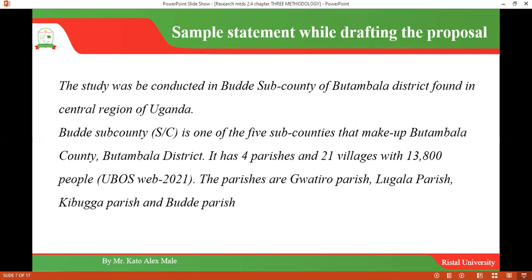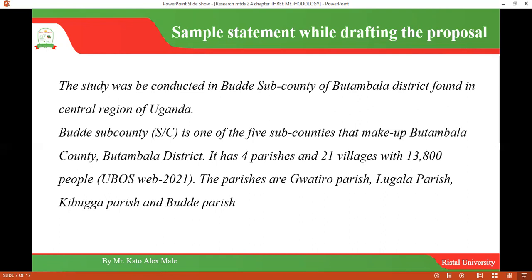Bude sub-county is one of the 5 sub-counties that make up Butambala county of Butambala district. I'm trying to give now the details of the area. It has 4 parishes and 21 villages with 13,800 people. That is according to the Uganda Bureau of Statistics website as at 2021. I've given the details of the population as well as the source. The parishes are Gwatlo Parish, Lugara Parish, Chibuga Parish, and Ude Parish.